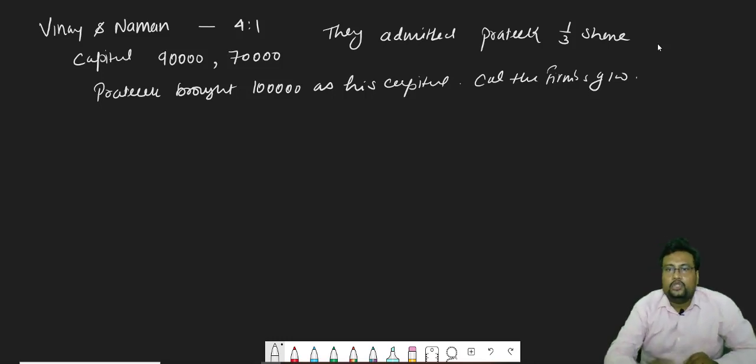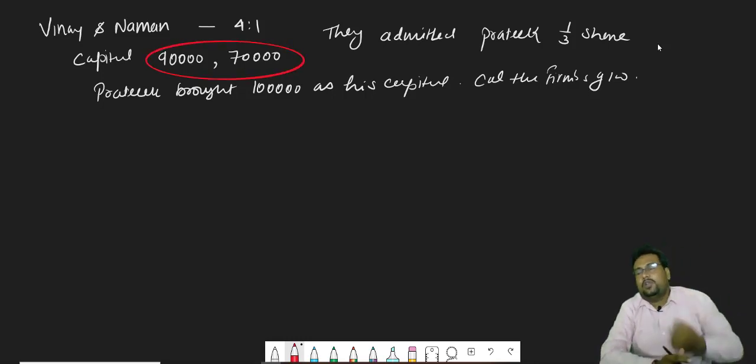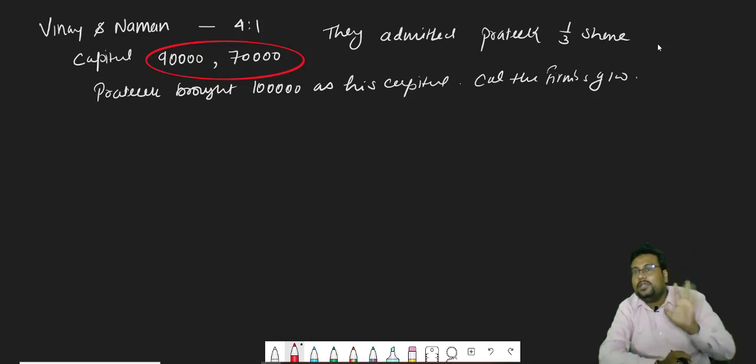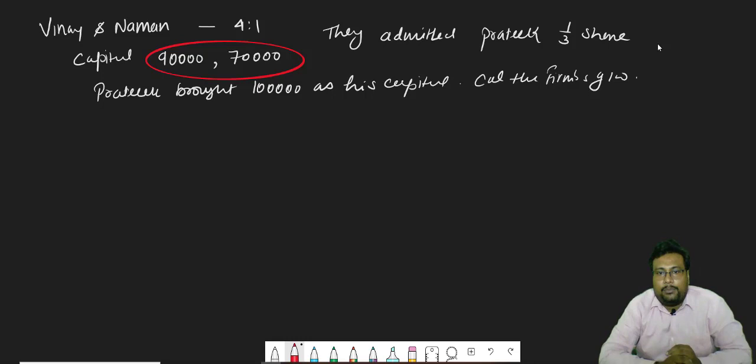Okay, so how will we do that? We will simply follow the steps which we already discussed. In this question, beta, no other extra information related to Vinay and Naman is given. So we assume that whatever capital is given will be the closing capital, so we do not need to calculate the closing capital.